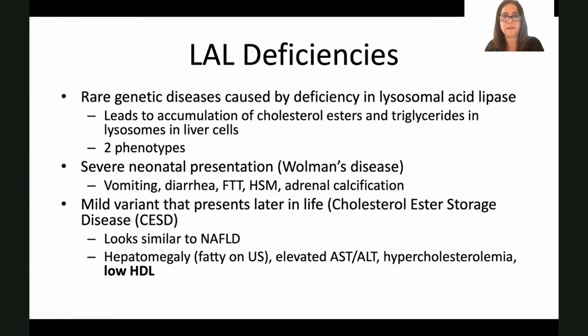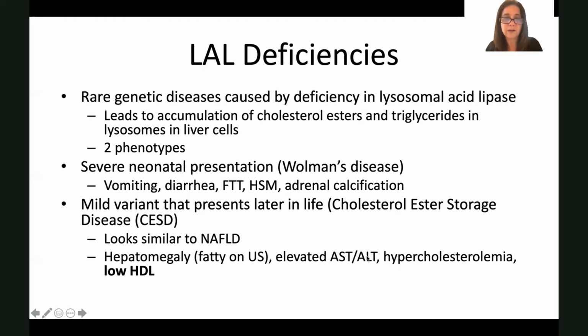Okay, what about lysosomal acid lipase deficiency? So these are really rare genetic diseases, and you're getting accumulation of cholesterol esters and triglycerides. And most people with LAL deficiency are going to present in the neonatal period with really a severe presentation called Wolman's disease that sort of classically has, beyond the liver and the failure to thrive, adrenal calcifications.